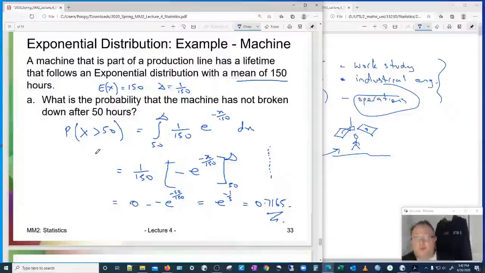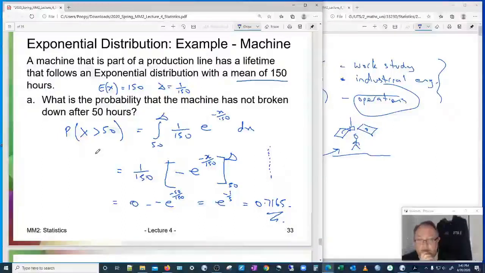Okay, so we have the question asking us is not broken down after 50 hours. So we want to check post 50 hours, post 50 hours to infinity. So we just assume that the first interval is independent. This is this memoryless property. So the first interval is not going to be part of it. We're looking purely from 50 up to infinity.